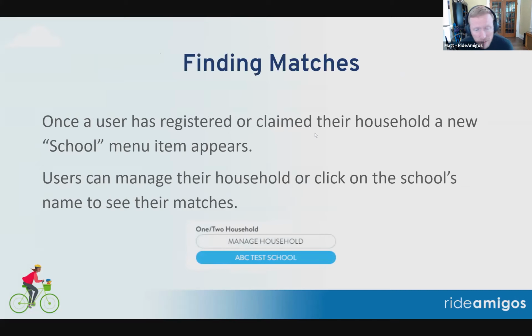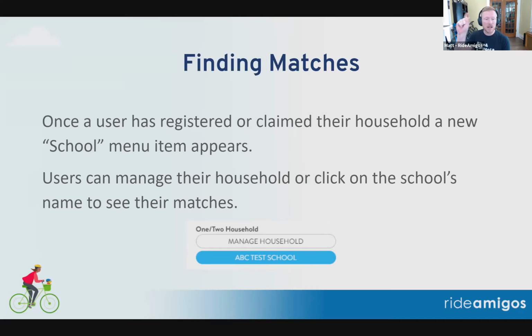We'll look at some of the interfaces on this, but I want to just walk through the steps that we're going to see in the demonstration first. So once you have received that touch point telling you to either come in and review your matches or to claim your household, you're able to come into the system, register or view or claim your household, and you'll have a new item on the menu bar that says school.